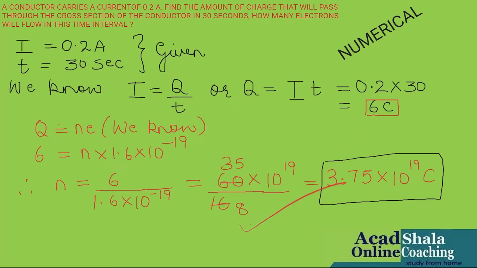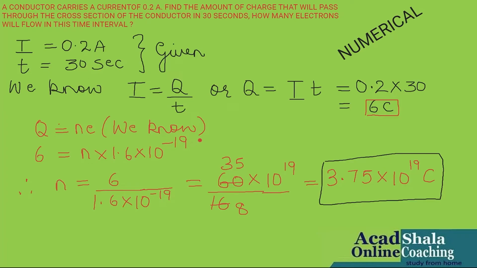This is the way, children, you should know how to calculate, how to remove the decimal place, what you have to put above, how to remove this negative to positive, where to get these tens, and the numerical is solved. So simplify the things, and then you can do it very well without making any mistake.